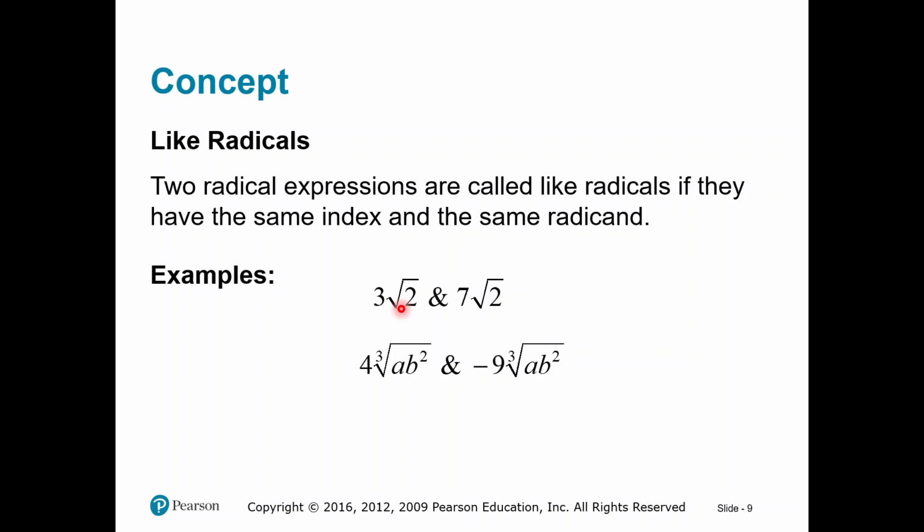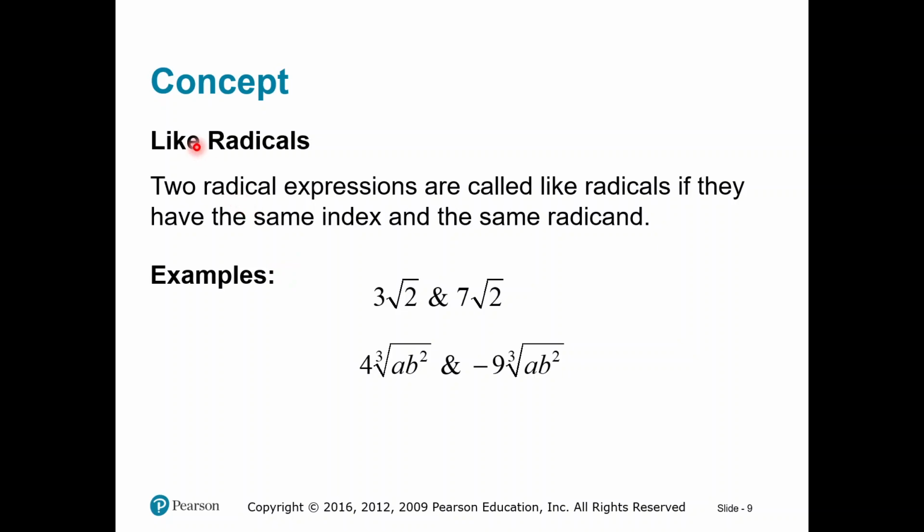They both are square roots and they both are 2. So they have the same radicand, which is the 2, and they both have the square or second roots. Here we have ab squared as the radicand, and they both have the cube roots, so they have the same index and the same radicand.